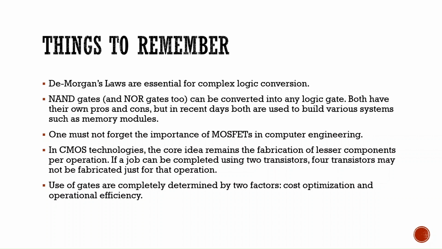If you would really like to check that out, please do. In CMOS technologies, the core idea remains the fabrication of lesser components per operation. If a job can be completed using 2 transistors, 4 transistors may not be fabricated just for that operation. And use of gates are completely determined by two factors: cost optimization and operational efficiency.